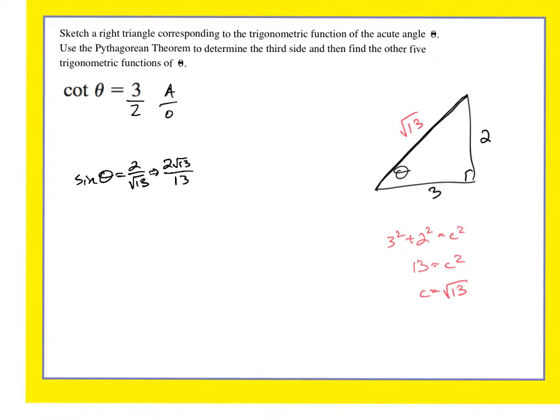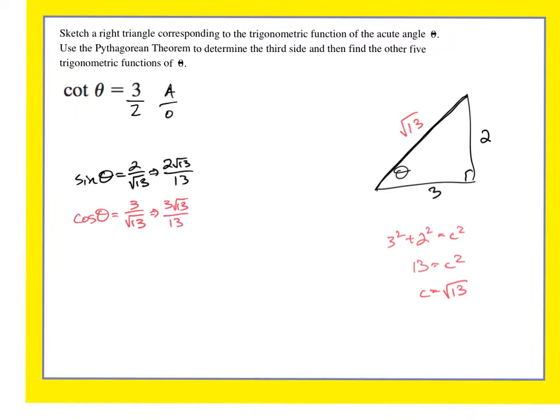And then cosine of theta is adjacent over hypotenuse. So what's my adjacent? 3 over square root 13. Again, it's not rationalized, so we rationalize it and we end up with 3 square root 13 over 13. Pretty good?